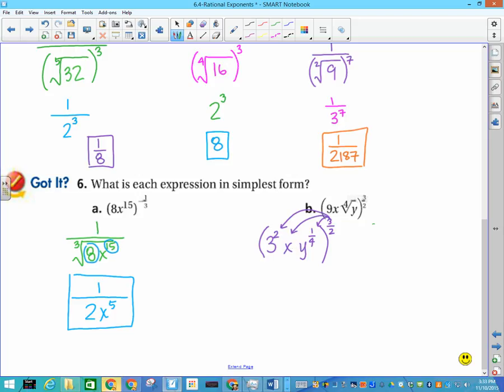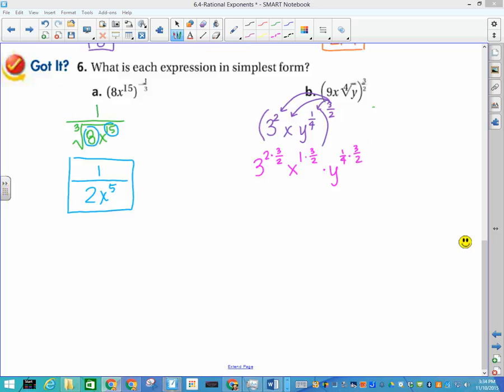Okay, so that's going to give me 3 to the 2 times 3 halves, because remember when we raise a power to a power, we multiply them. So I'll go ahead and write that step. So that's 3 squared times 3 halves, and then x to the first times 3 halves, and then y to the 1/4 times 3 halves, because it has to go to everything inside of there.